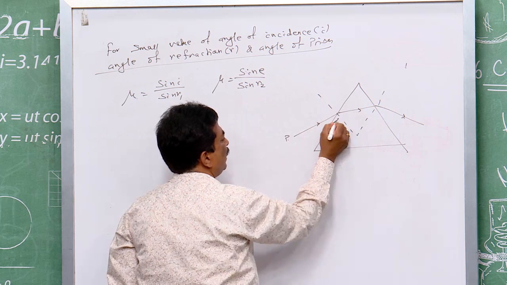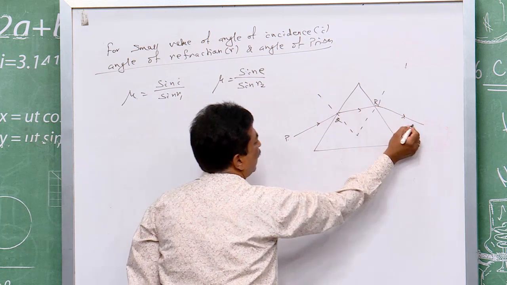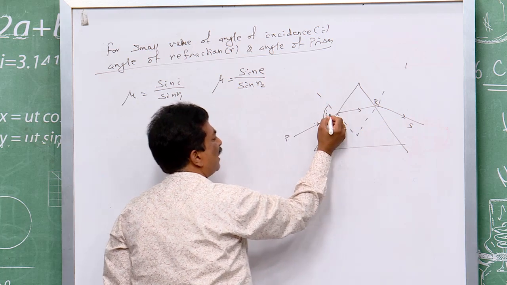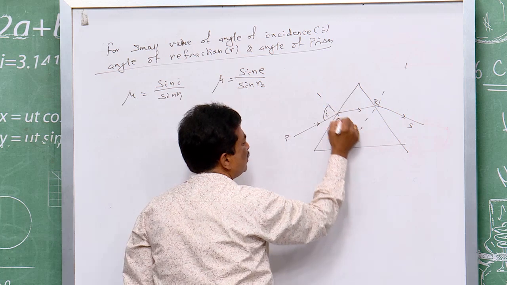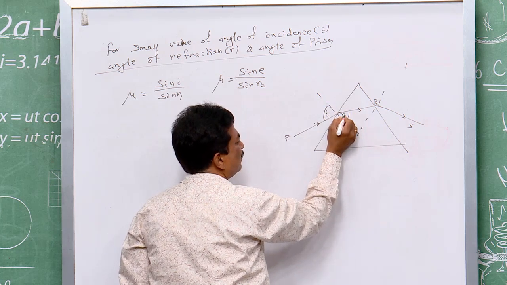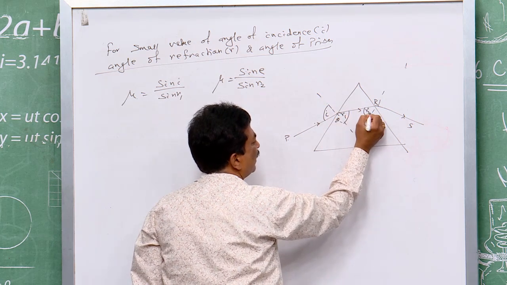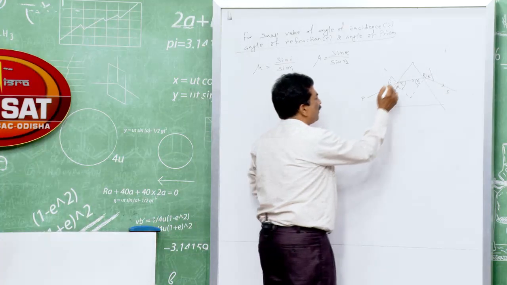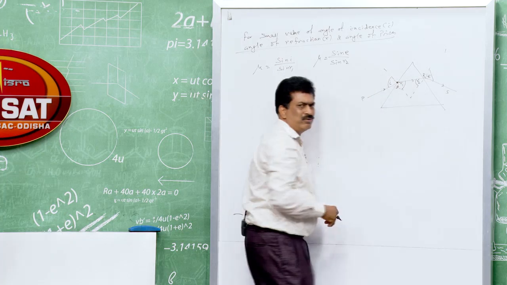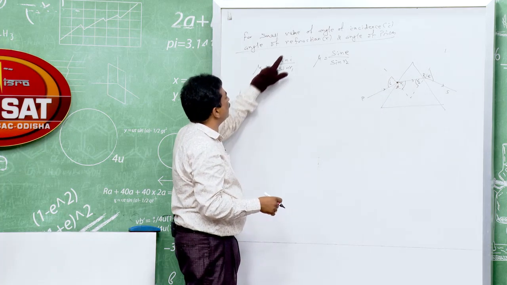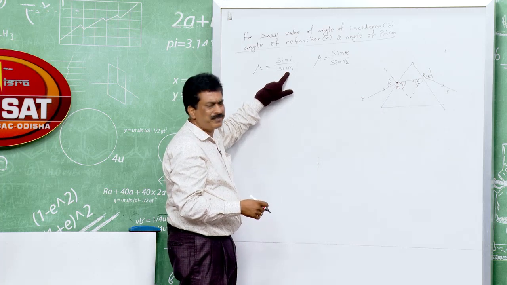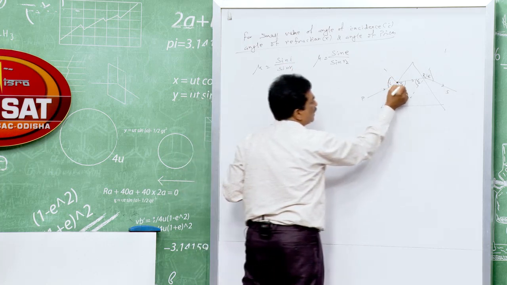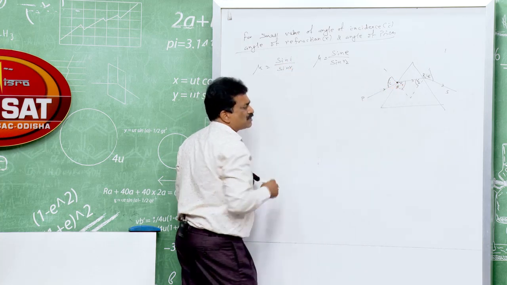As we have given P, Q, R, S, this is the incident ray, this is the angle of incidence I, this is the normal, this is the refracted ray, that angle is R1, this we have taken as R2, and this angle is E. When the refraction is taking place at the point Q, the refractive index will be sin I by sin R1: for this side the angle is I, so sin I, and this angle is R1, so sin R1.